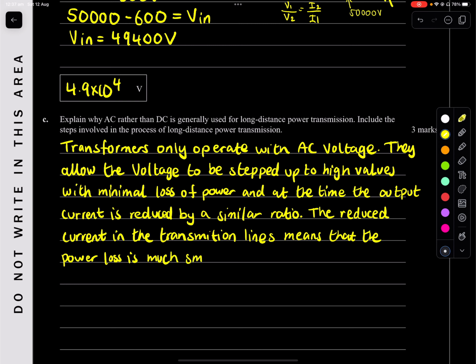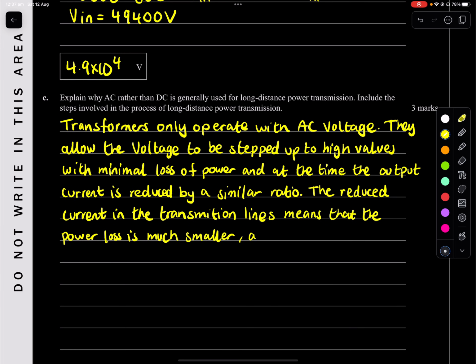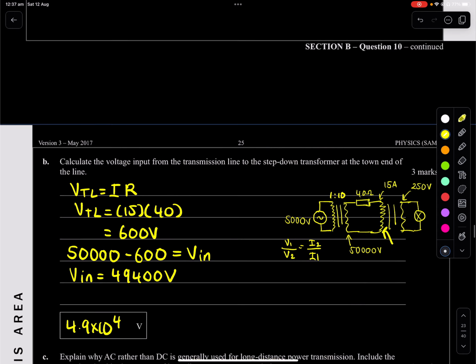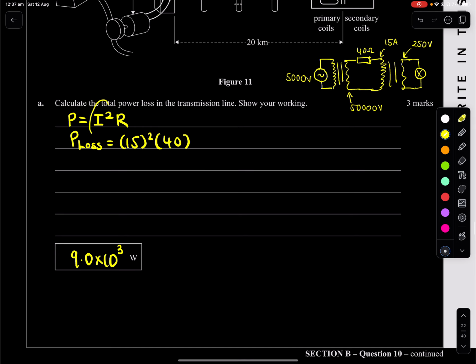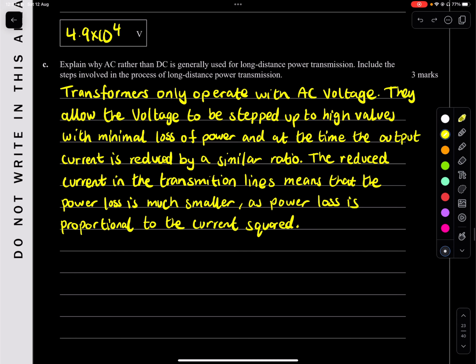It's much smaller, as we know, as power loss is proportional to the current squared. And that's true, remember, this over here: power loss is current, and it's been squared. So yeah, that's true.